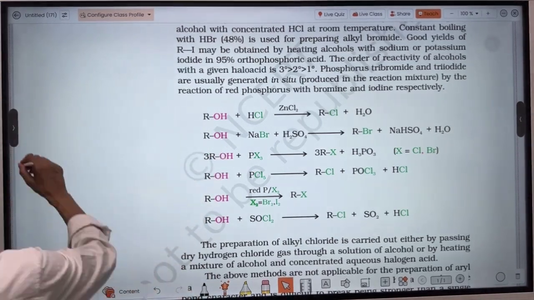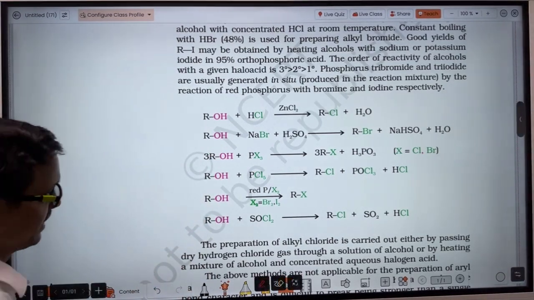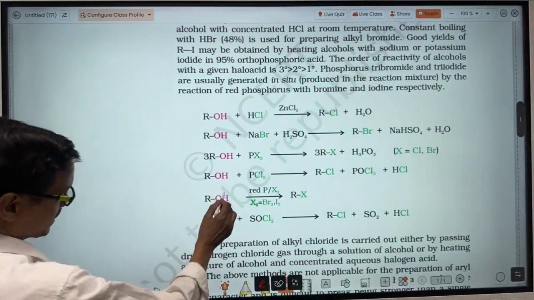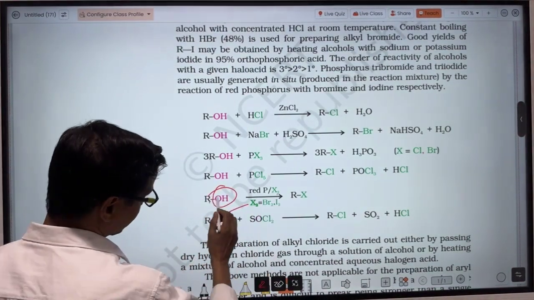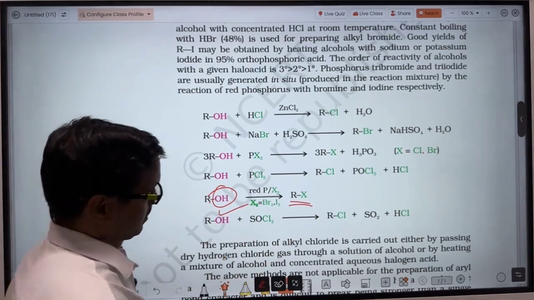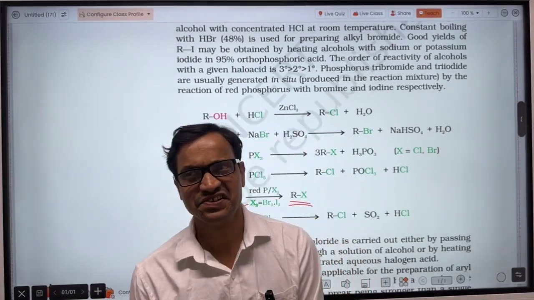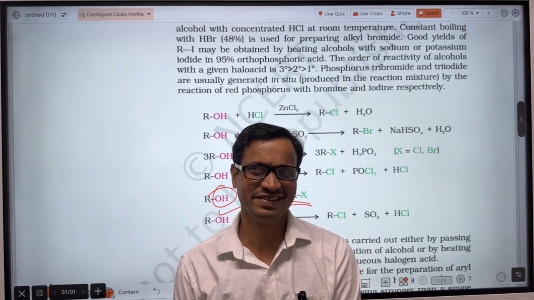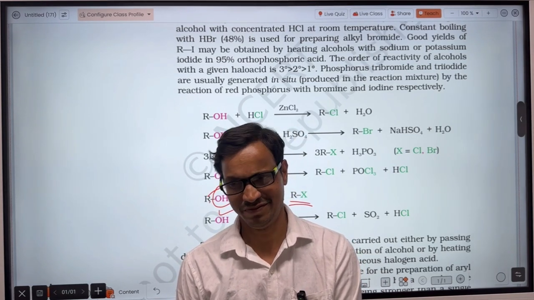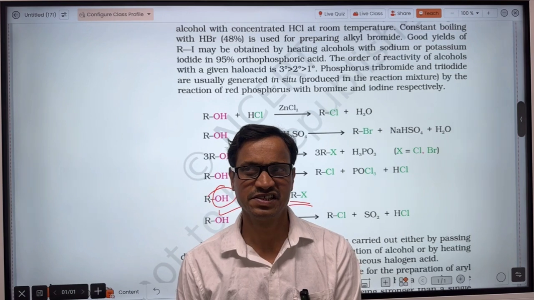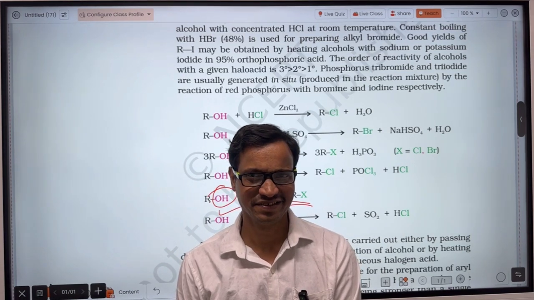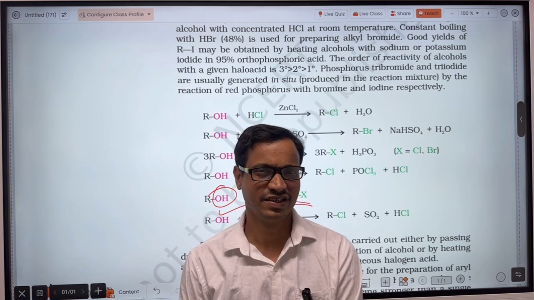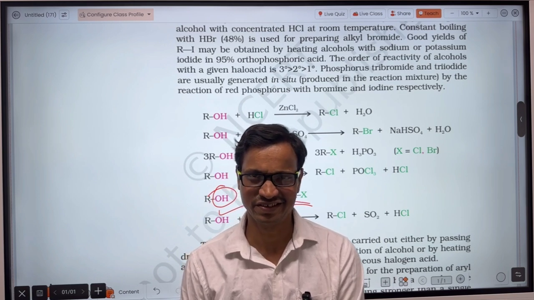The other reaction is where alcohol reacts with halogen in the presence of red phosphorus. Simply keep in mind that OH goes away from here and the halogen attaches. Phosphorus exists in three allotropic forms. Allotropic form means the same element exists in the same physical state but in different forms, and hence their properties are also different.